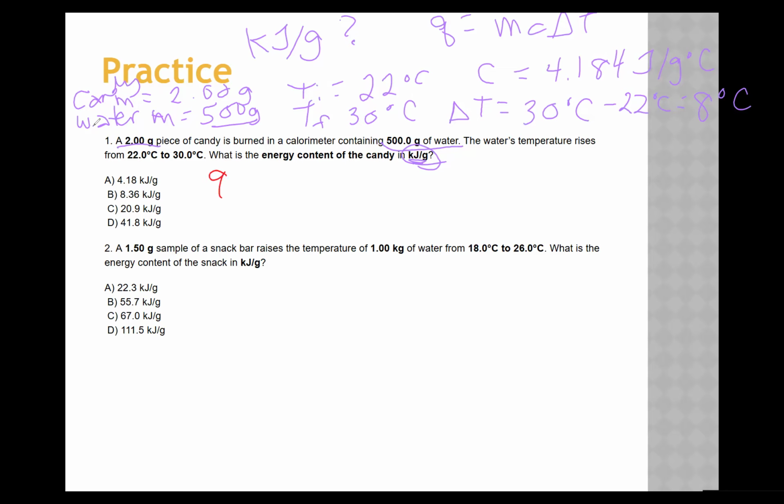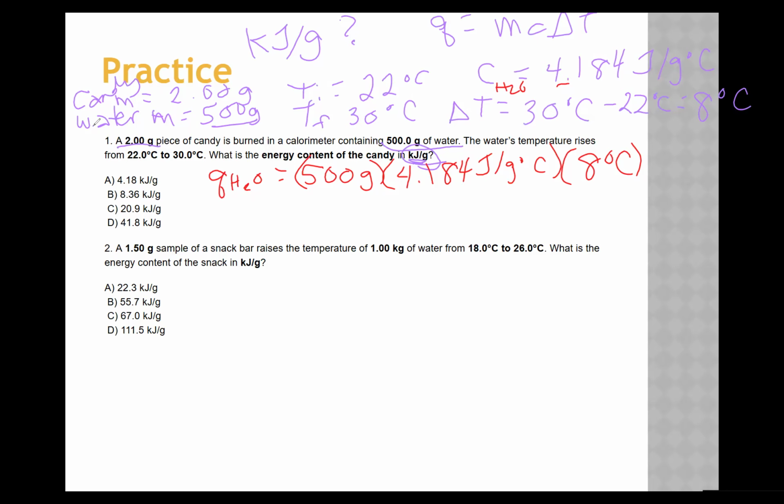Now we can plug all of this into our Q equals mc delta T. So Q of water equals our mass of the water, which is 500 grams, times our specific heat of water, which is 4.184 joules per gram degrees Celsius, times our change in temperature, which is 8 degrees Celsius.